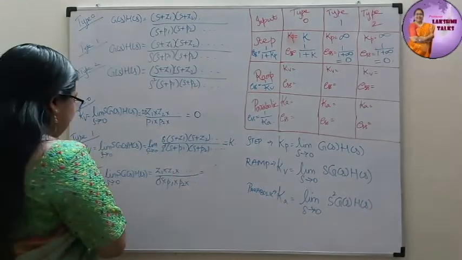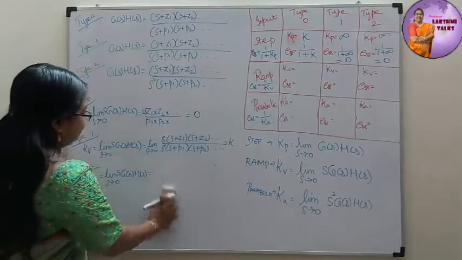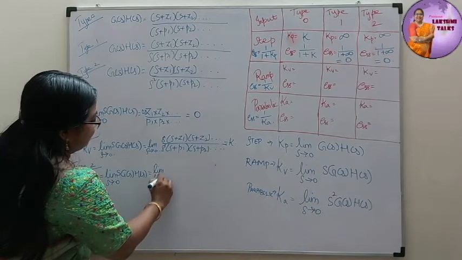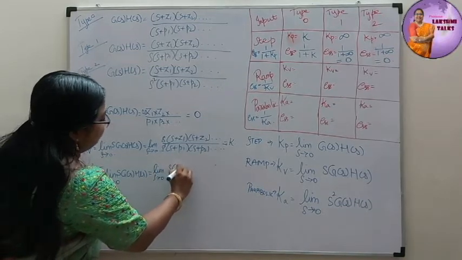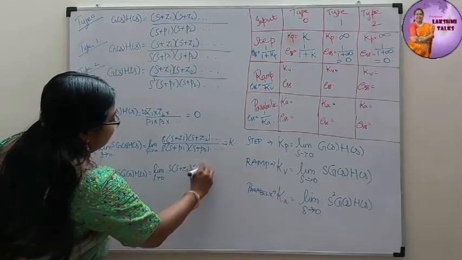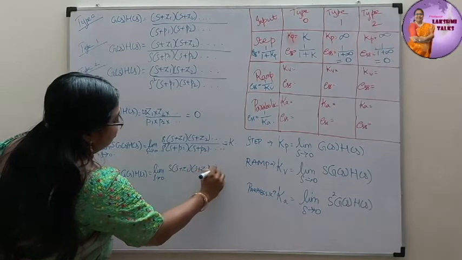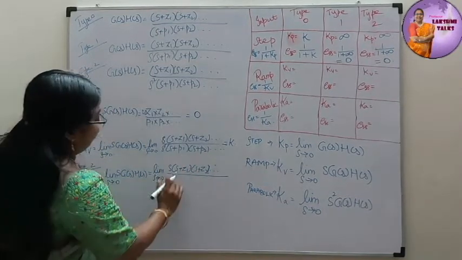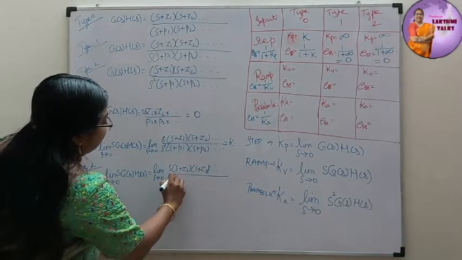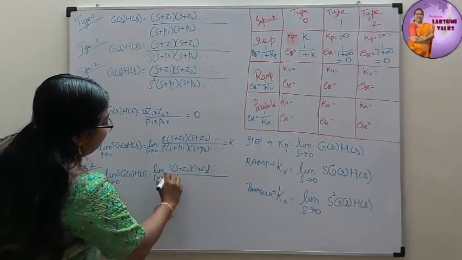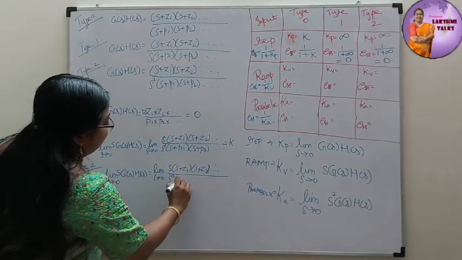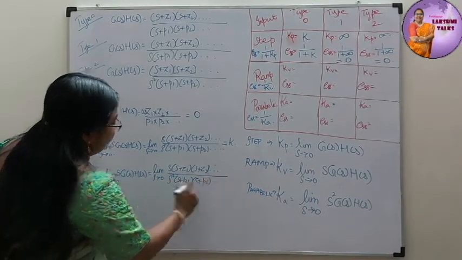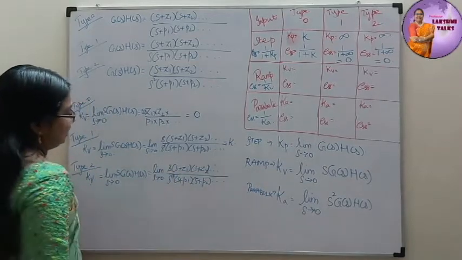And what happens here for type 2? Here again it is limit s tends to 0, s into (s plus z1), (s plus z2), so on, divided by s square into (s plus p1) into (s plus p2) and so on. So when you apply this, s gets cancelled.